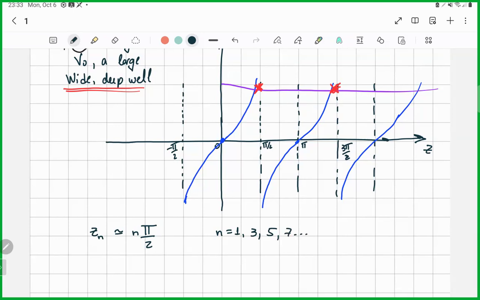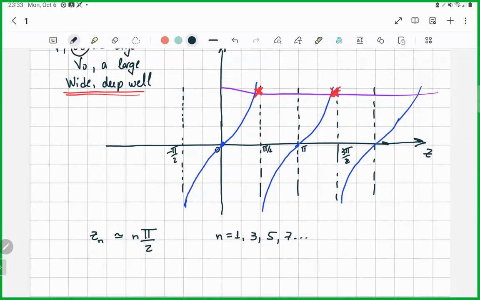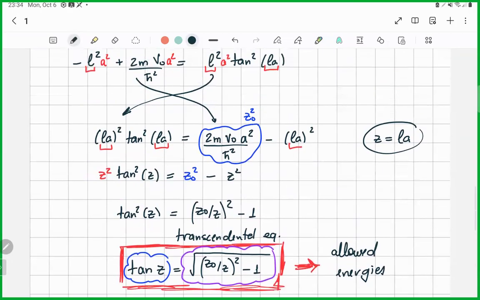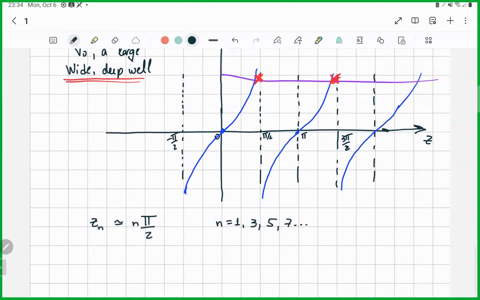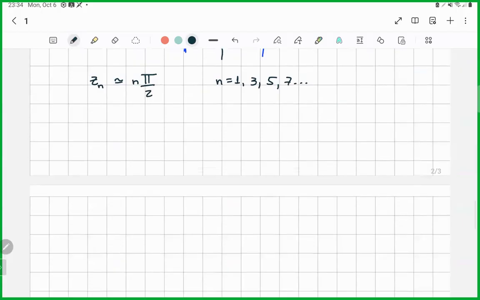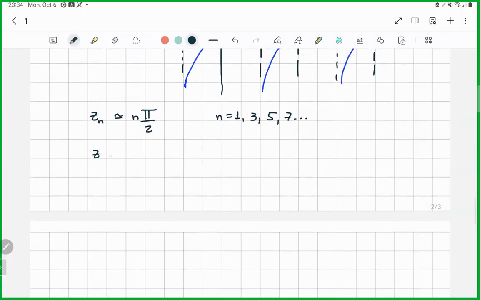Well, what does this mean? What is Z? Let's go back to what we wrote. Remember that Z is L A, correct? And L is related to energy. So let's put all this together. Z is L A, so Z squared is L squared A squared, which is N squared pi squared over 2 squared.